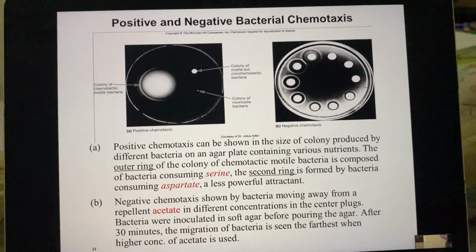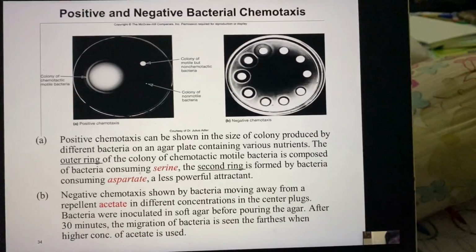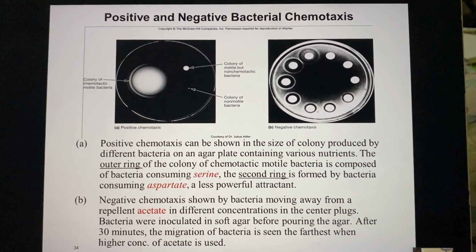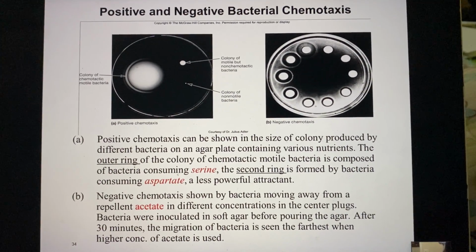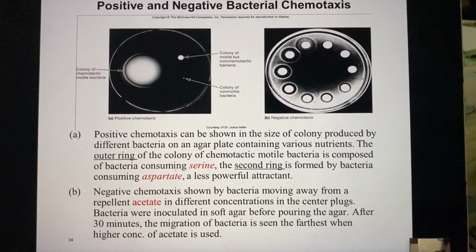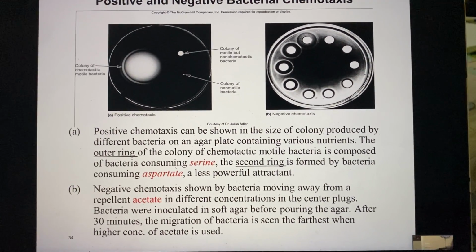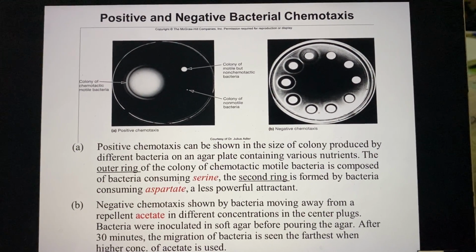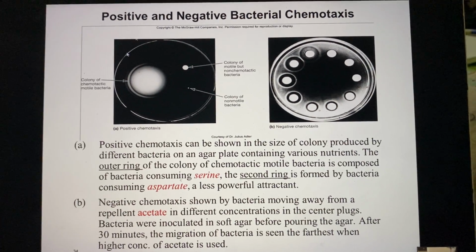This is a very cute little experiment that I find very fascinating to show negative and positive bacterial chemotaxis. If we had a lab attached to this course, I would have definitely used this very old experiment showing how chemotaxis works in bacteria. Let me explain these two petri dishes.